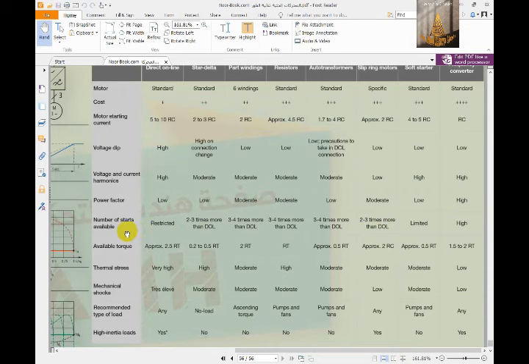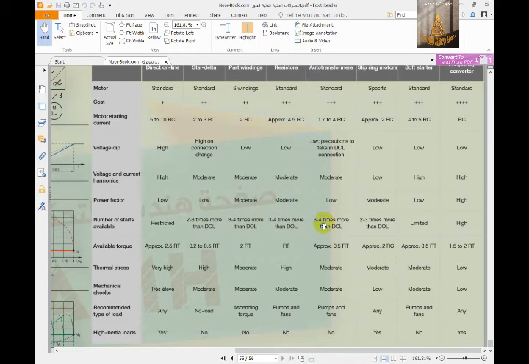Number of starts available. It's restricted for direct connection, one motor. Star-delta is 2-3 times more than DOL. Part windings, 3 or 4 times more than DOL. Resistors are 3 or 4 times more than DOL.